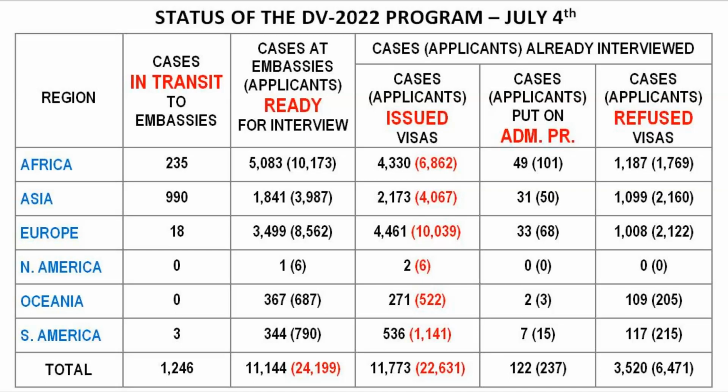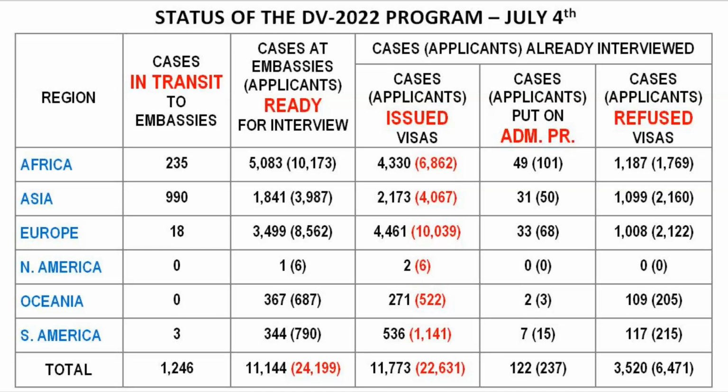So if we take, for example, the first numbers in the column, we have 5,083, and that represents the number of cases that are at various embassies in the Africa region, and then in parentheses 10,173, that corresponds to the number of applicants that are on those 5,083 cases.